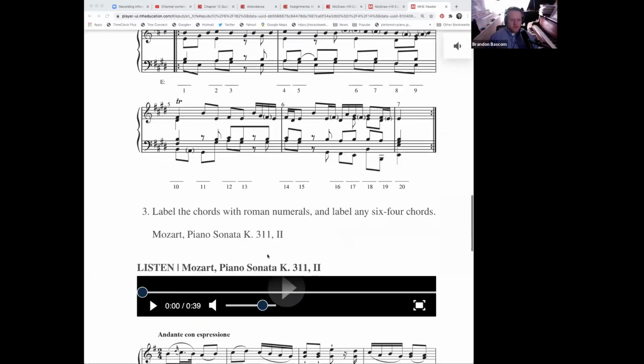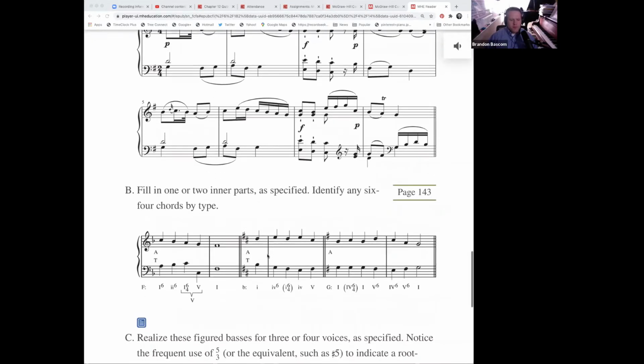So you'll have something similar to that. I think that's all that's on your exam from chapter 9.